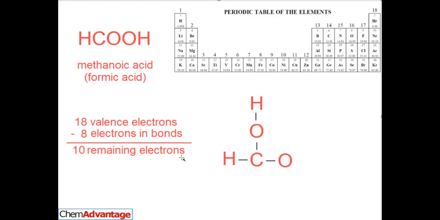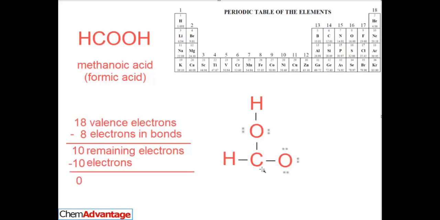And this is not too bad. We put them on the surrounding atoms. The carbon pretty much looks like our central atom, and usually we save the carbons for last anyway. So let's put those 10 electrons out there: 2, 4, 6, 8, 10. Okay, that leaves 0 electrons left behind.